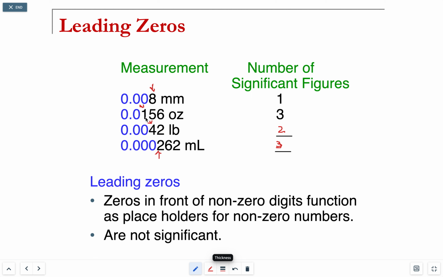So in terms of information content in the measurement, all it's doing is expressing how large or how small the first piece of information is, which is that first non-zero number. So as a consequence, it should make sense that these are not significant in terms of information content for counting the number of significant figures.